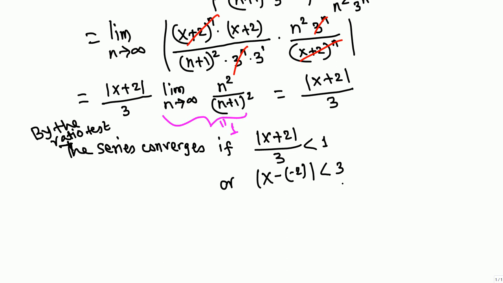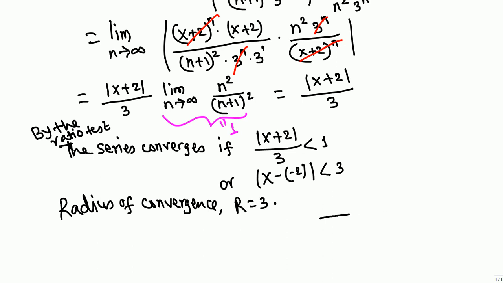Then this 3 is the radius of convergence. So R equals 3.